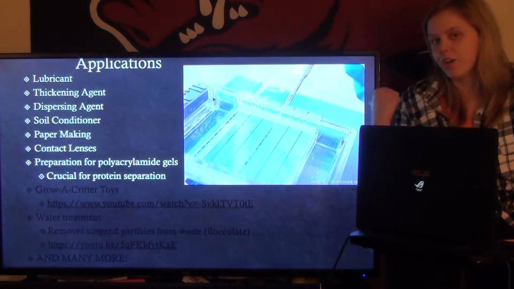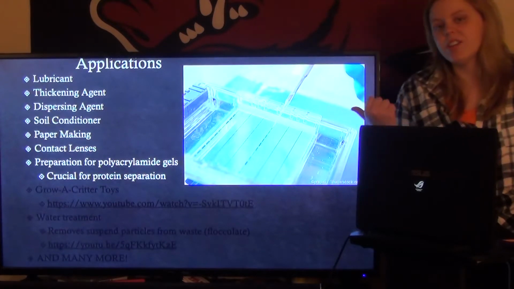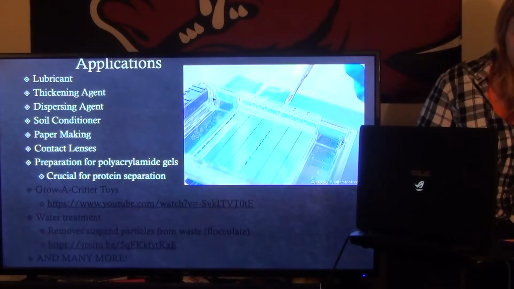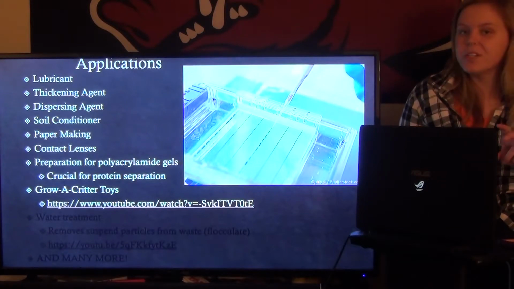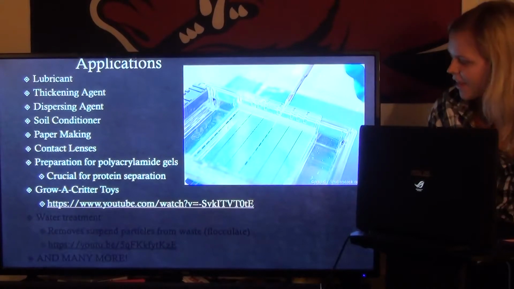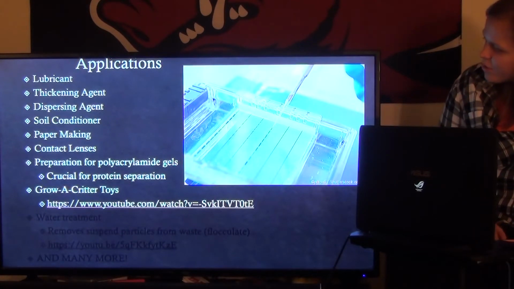I've been talking a lot about those because they're pretty inventive as far as DNA sequencing and protein analysis go. So that was pretty crucial. And we also have those little toys that you used to get when you were a kid that you stick in water and they grow? Well, those are actually polyacrylamide toys.